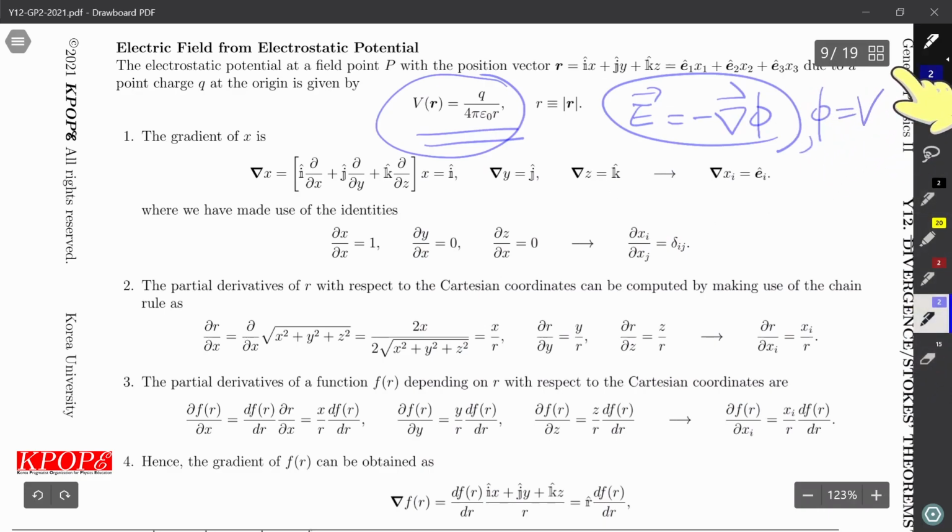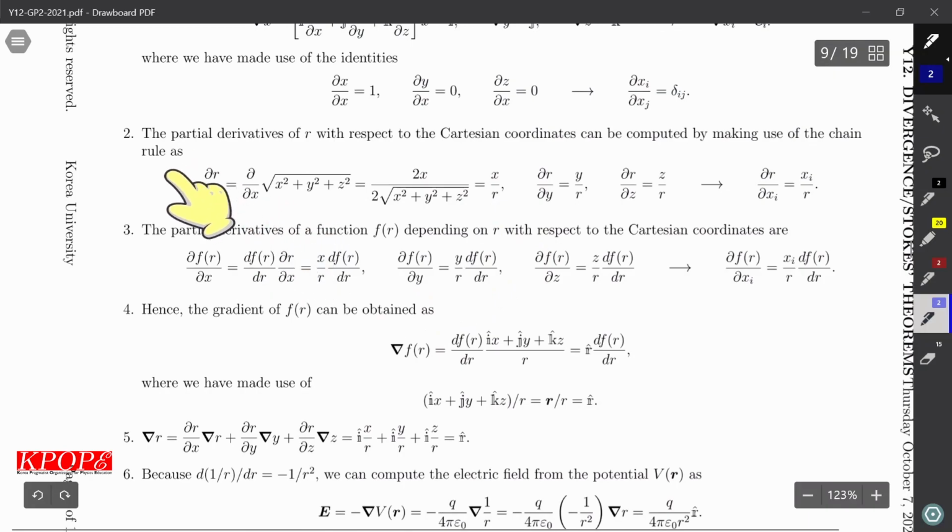Phi equals V. The gradient of x, we already obtained the unit vectors. This one was R. R's xi partial derivative is xi over R, and function of R, so derivatives are like that.